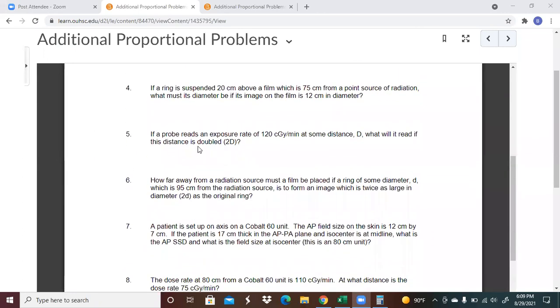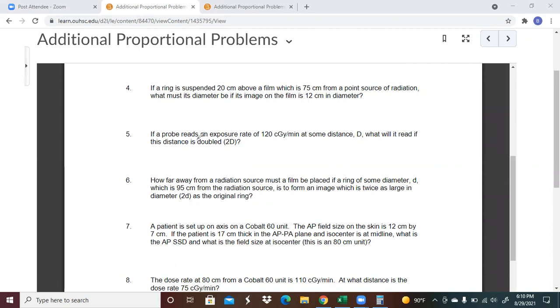Keep scrolling down. If a probe reads an exposure rate of 120 centigrade per minute at some distance d, what will it read if the distance is doubled? Okay, this is a kind of a fun one because you don't have all the numbers that you might want in order to be able to plug into the simple calculation there, but that's okay. What we are looking at here is we know that at some distance d, the exposure rate is going to be 120.